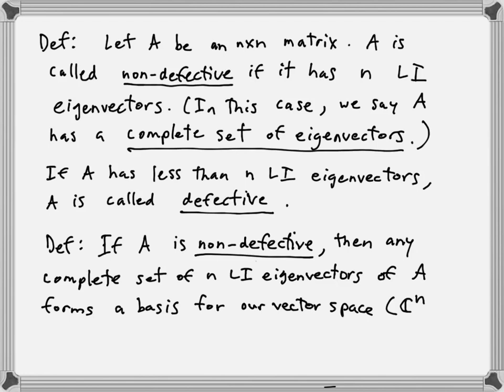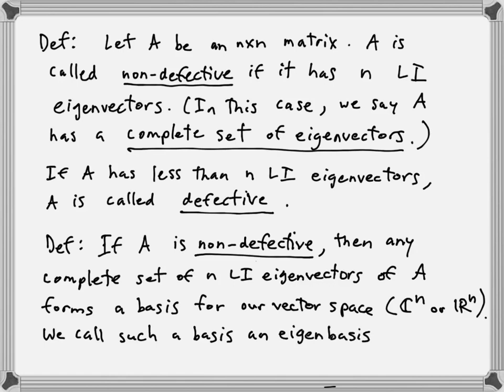It's going to be for Cn or Rn depending on the eigenvectors that it has, right? We might get lucky and it might be Rn, but otherwise, worst case, it's just going to be Cn. We call such a basis an eigenbasis of A.